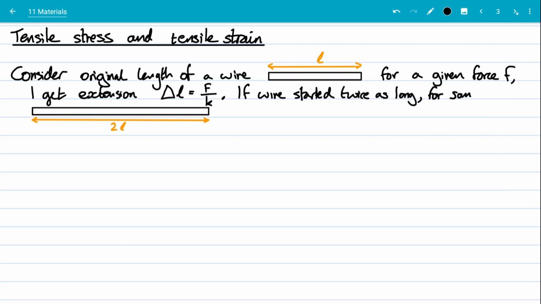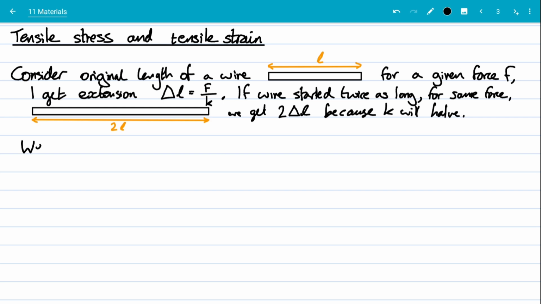For the same force, we get 2 delta L. We have to get that because K will halve. So K depends on the geometry, as we can clearly see. So we need a quantity related to the material that doesn't depend on geometry. But in order to figure that out, we need a substitute for the extension. We're going to get twice the extension if we start with twice the original length.